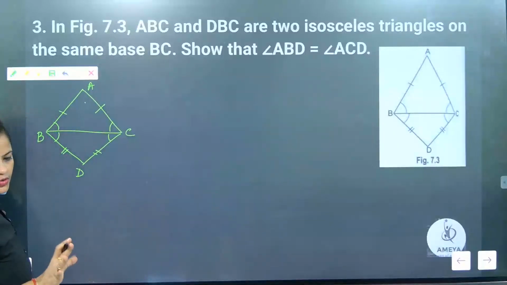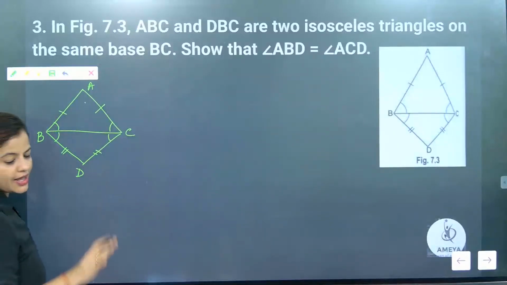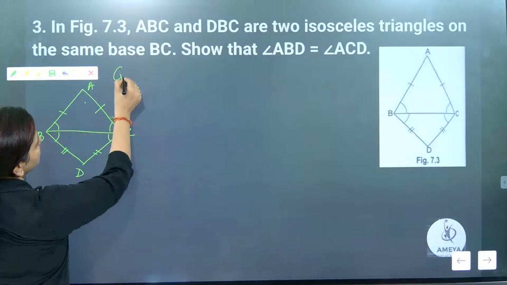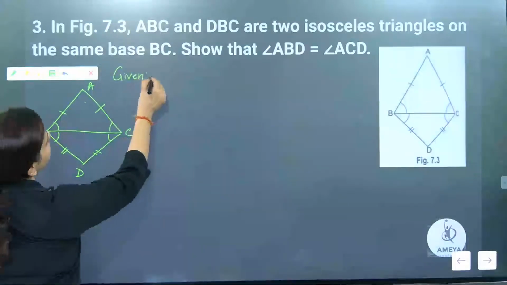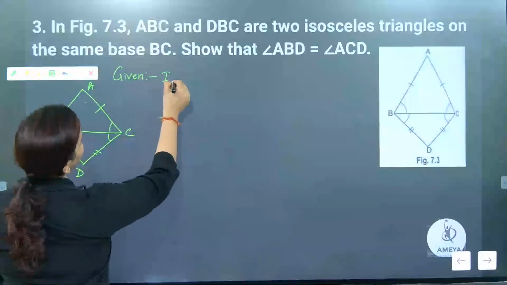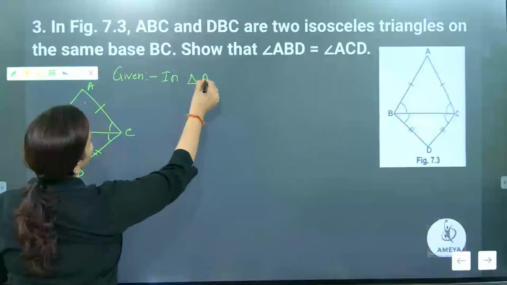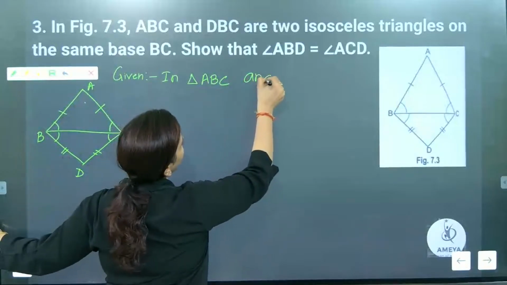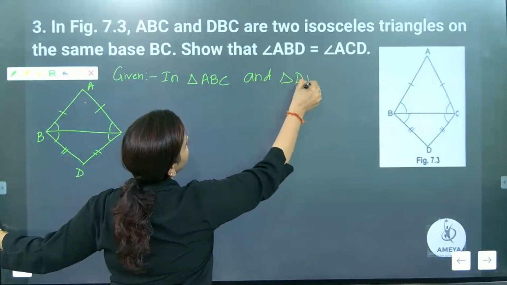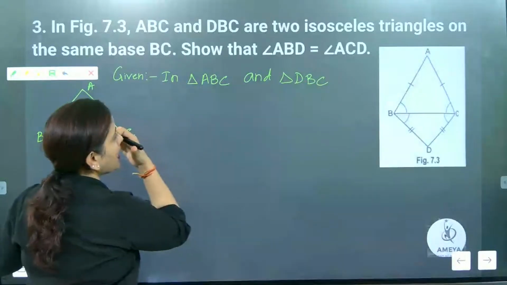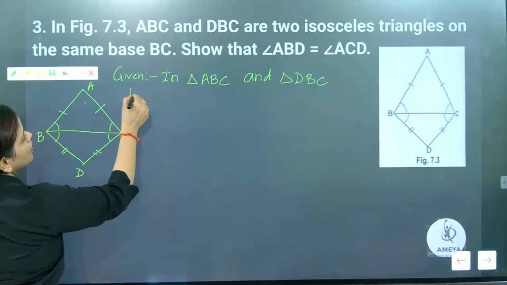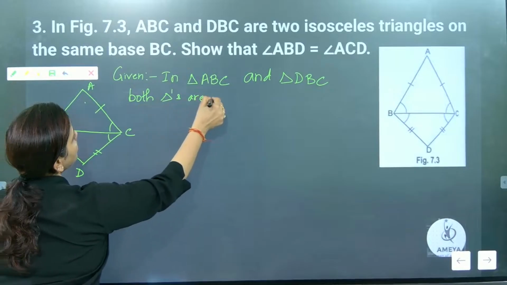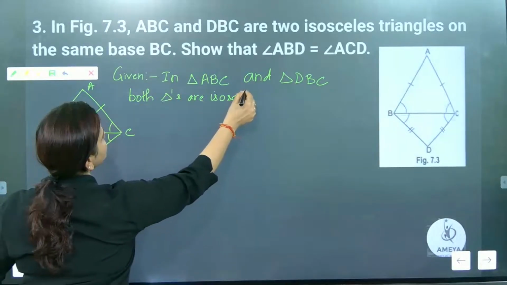Okay. Now what we are going to do, we are going to utilize the entire given information. Understood? So what is given, first we are going to write that. In our given section, in triangle ABC and triangle DBC, both triangles are isosceles triangles.